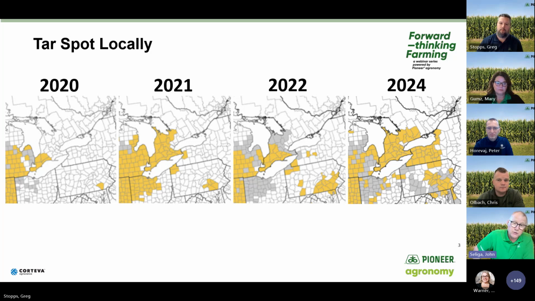Now, fast forward to 2024, and there isn't a cornfield in the territory that I cover, the deep Southwest, that you're not going to find tar spot in. It's essentially in every field. The question is, how early did it arrive? Was it protected with a fungicide?